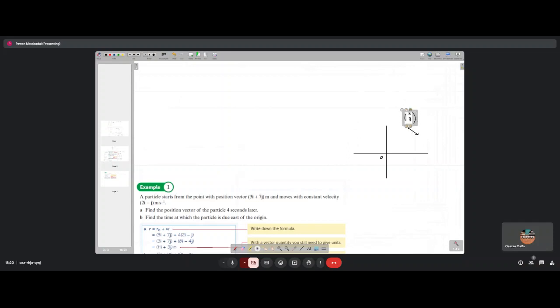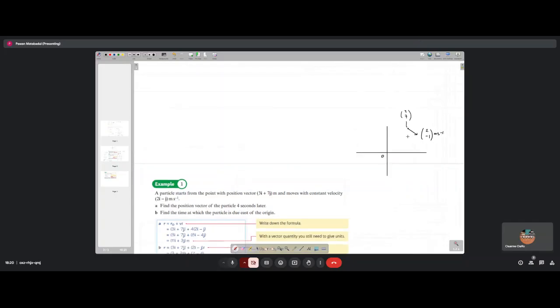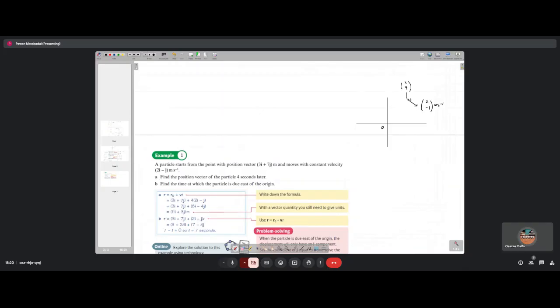So the position is 3, 7. All right, does that make sense, what I've done there? Okay, let me make this a bit more clear. Okay, let me say that 3, 7. So I'll just illustrate why you don't need a formula.